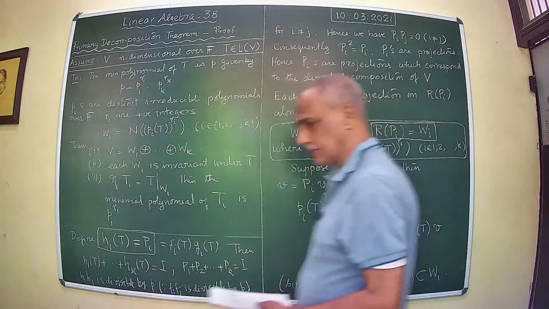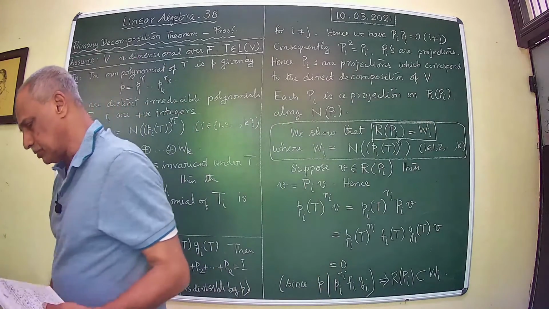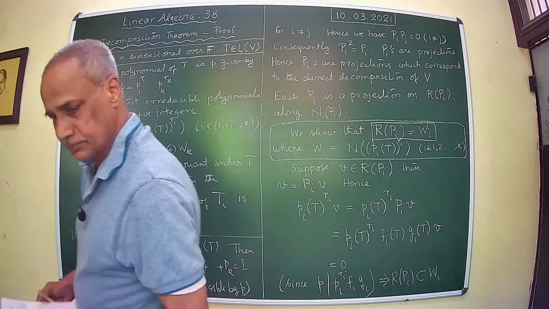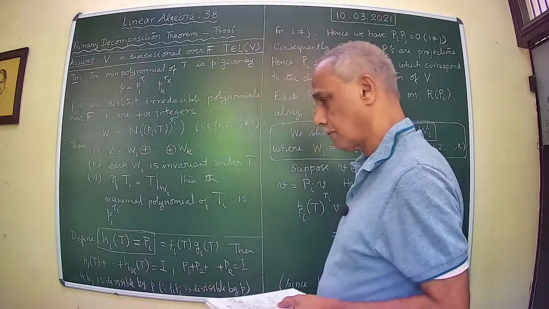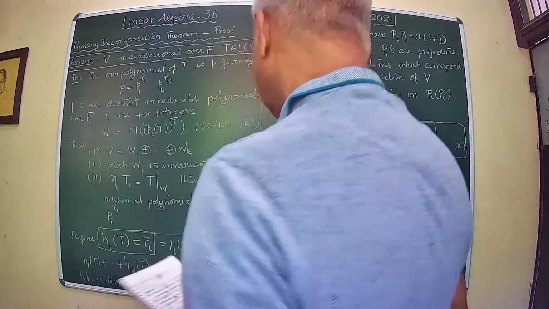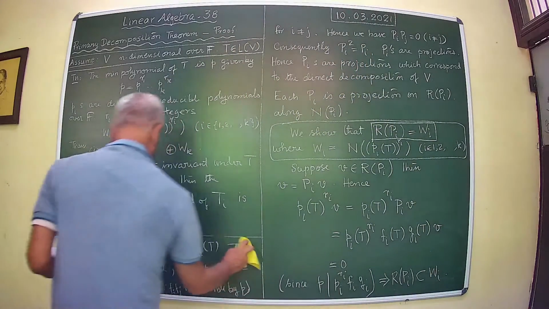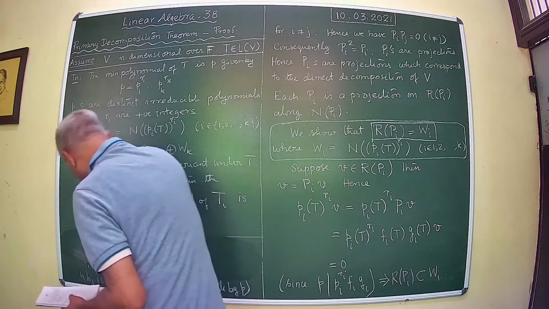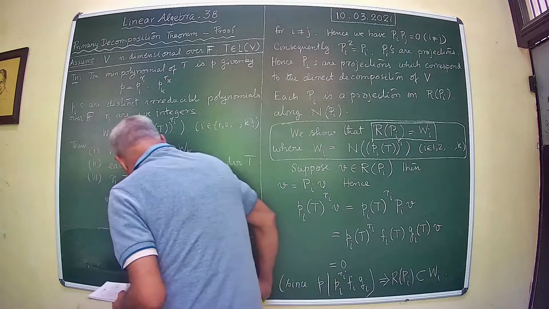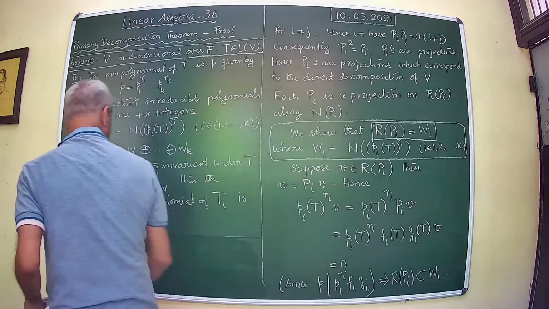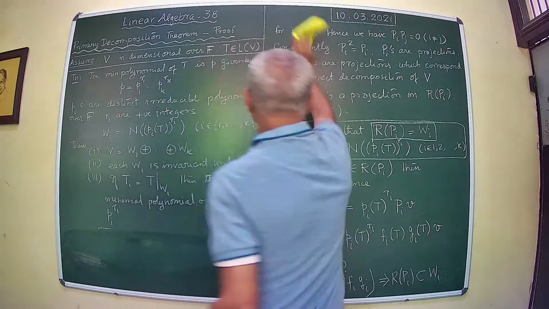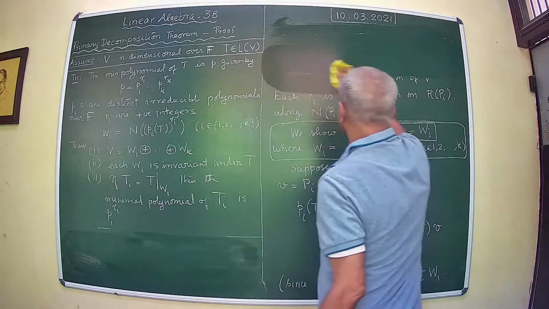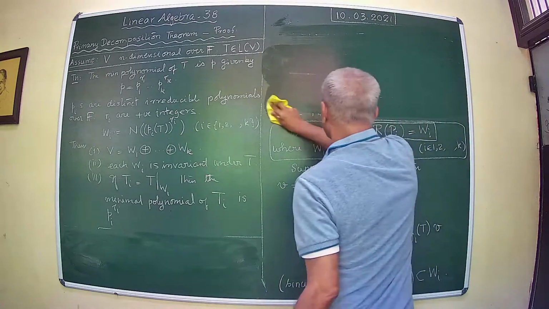So we have proved one point. Now, what is to be proved is the other part. So that is good. Do the reverse inclusion.